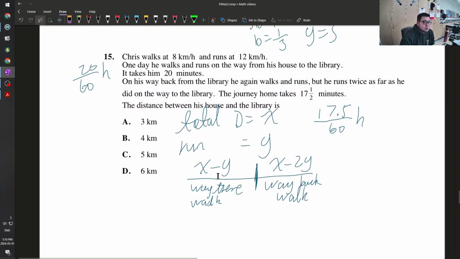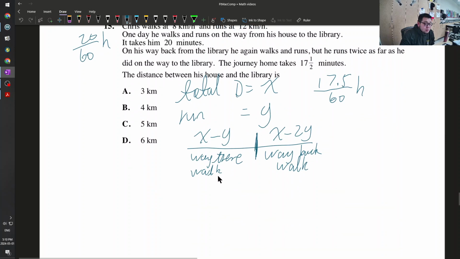So now, run distance is y, so y divided by 12 plus walk distance, which is x minus y, divided by 8. It is equal to 20 minutes, so 20 over 60.